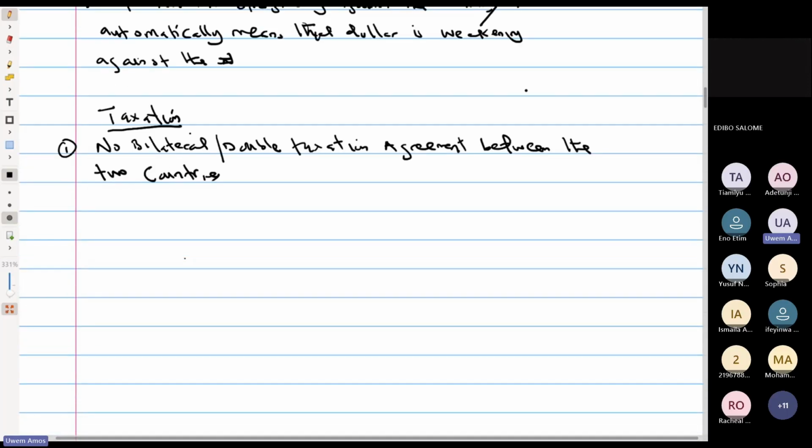And then you're going to have a scenario where there is a bilateral tax agreement between both. And then you're going to have a scenario where the question is silent.